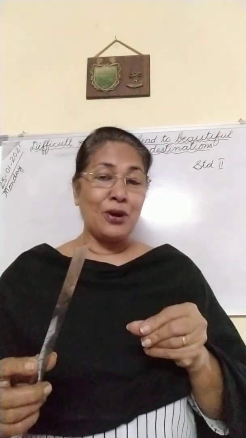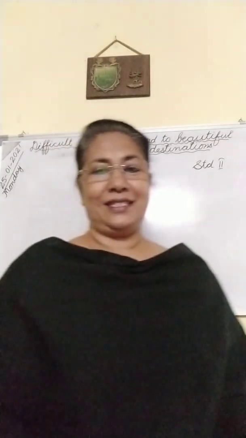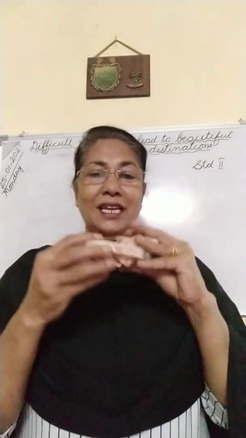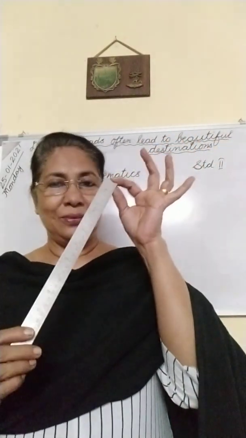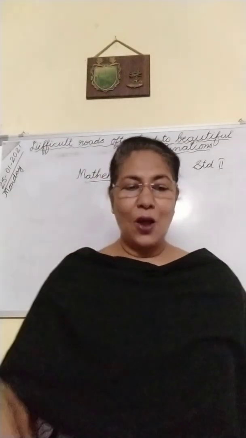You can measure your book. You can measure your finger. All this. So these are the things which we use for measuring. This is known as the measuring tape. This is the ruler, scale. This is also used for measuring short distances, not very long distances.